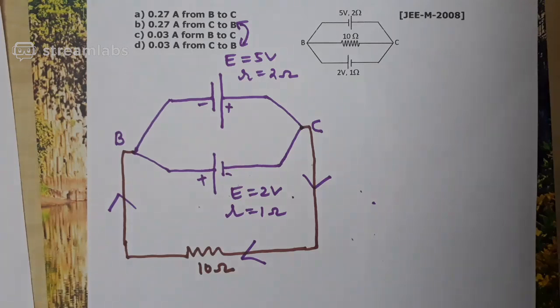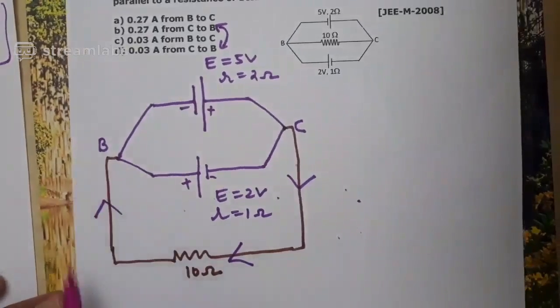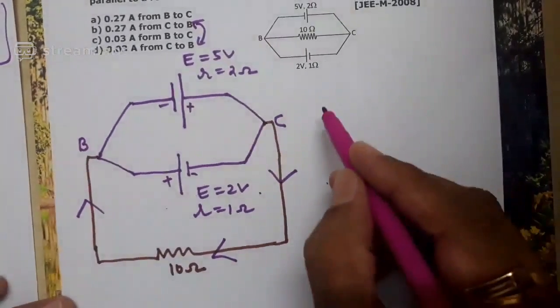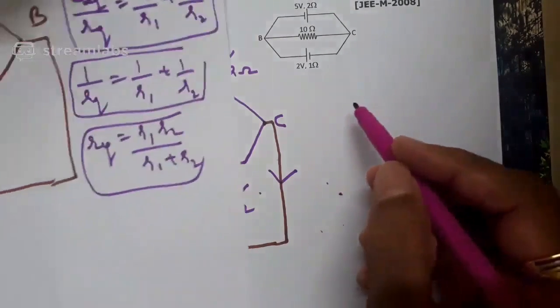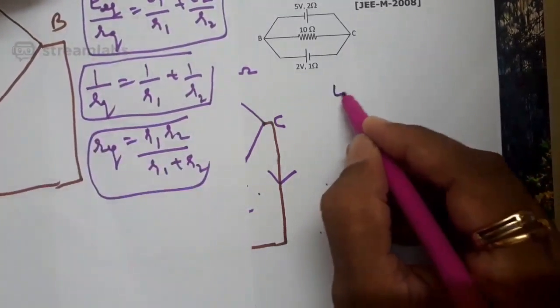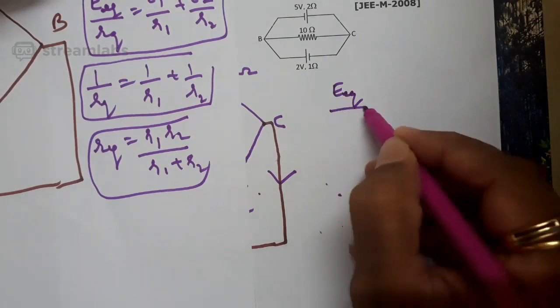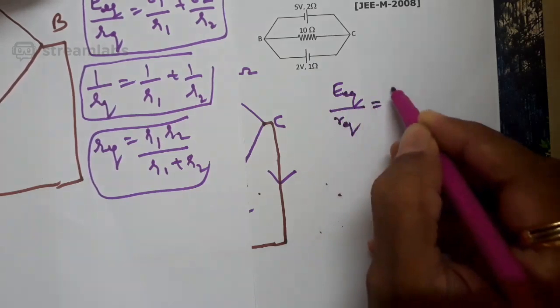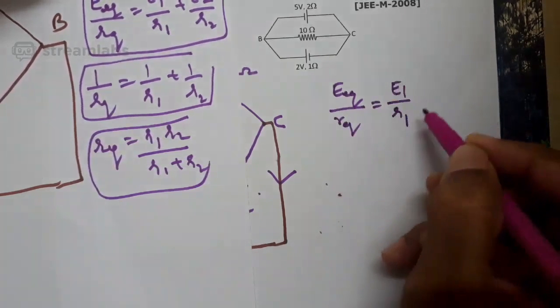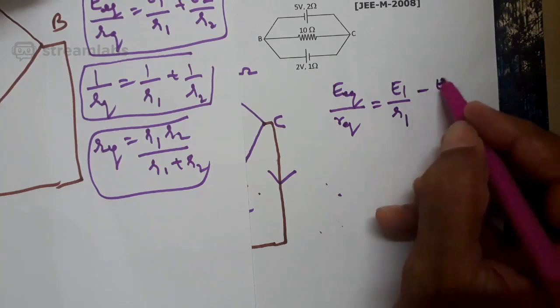Next question is, what is the amount of current? Now, when you have a combination like this, you compare with this formula. E equivalent by R equivalent will be equal to E1 by R1 minus E2 by R2.